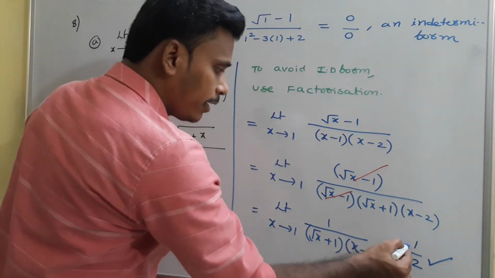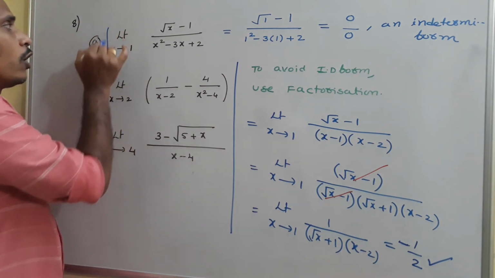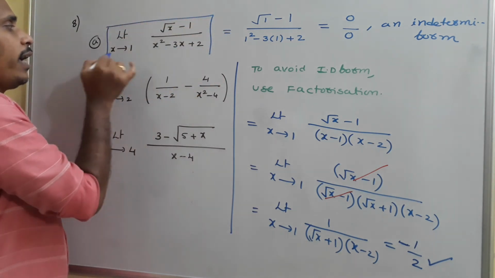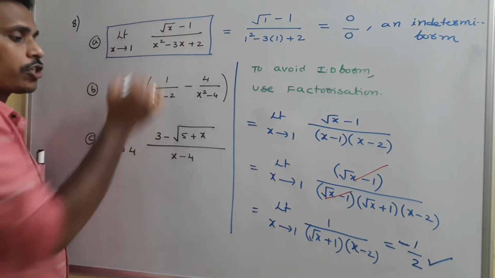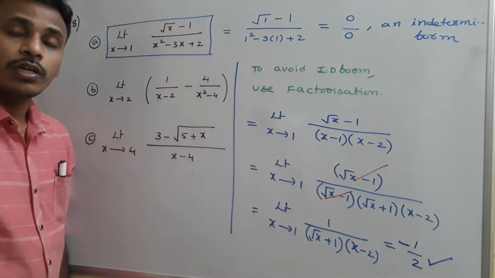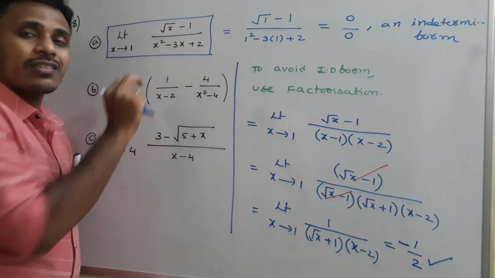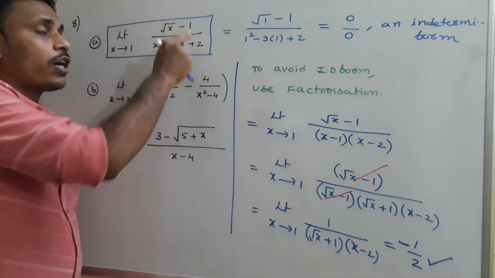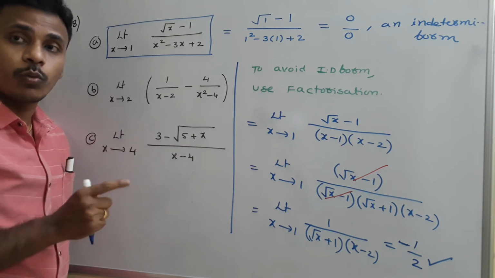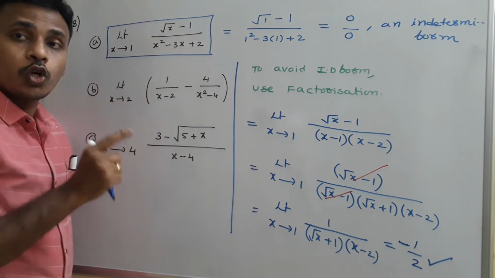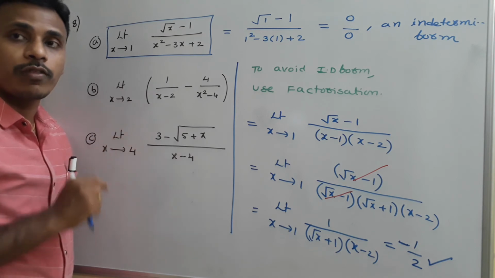So finally, the limit as x tends to 1 of root x minus 1 by x square minus 3x plus 2 is minus 1 by 2. Just observe, this function has no definition at x equals 1. If you replace x with 1, it is not defined, so 1 is not in the domain of the function.